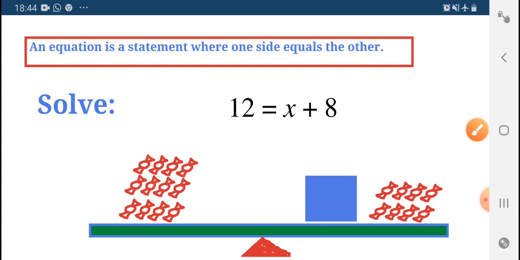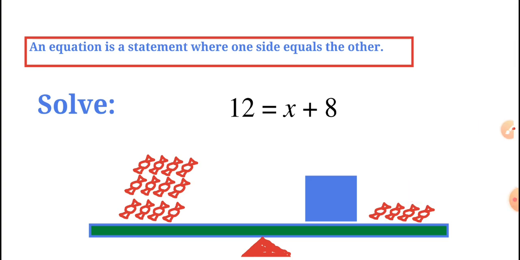So what we can do is we can take an equal number of sweets, or the known number of sweets, from both sides. For example, I can take 4 sweets away from here, and I can take 4 sweets from here, and it's still going to be balanced.